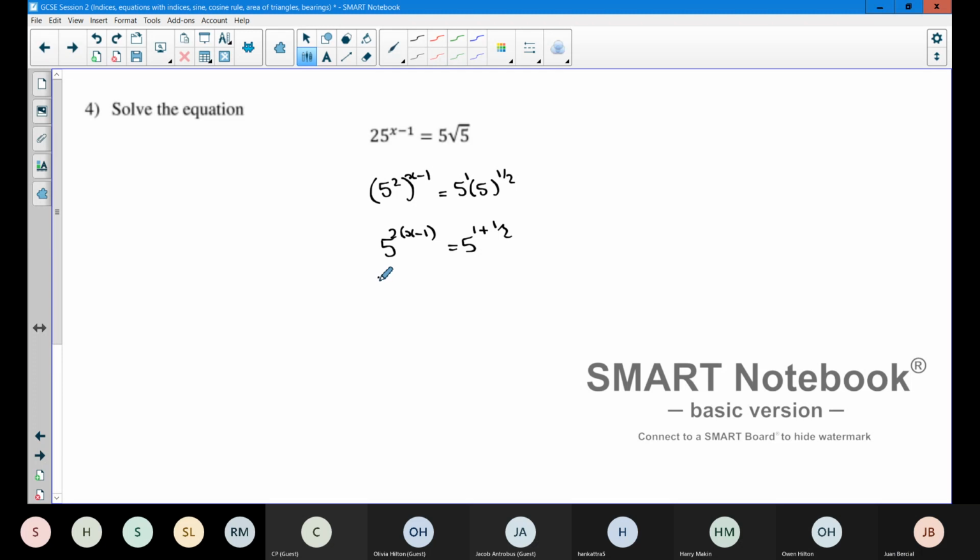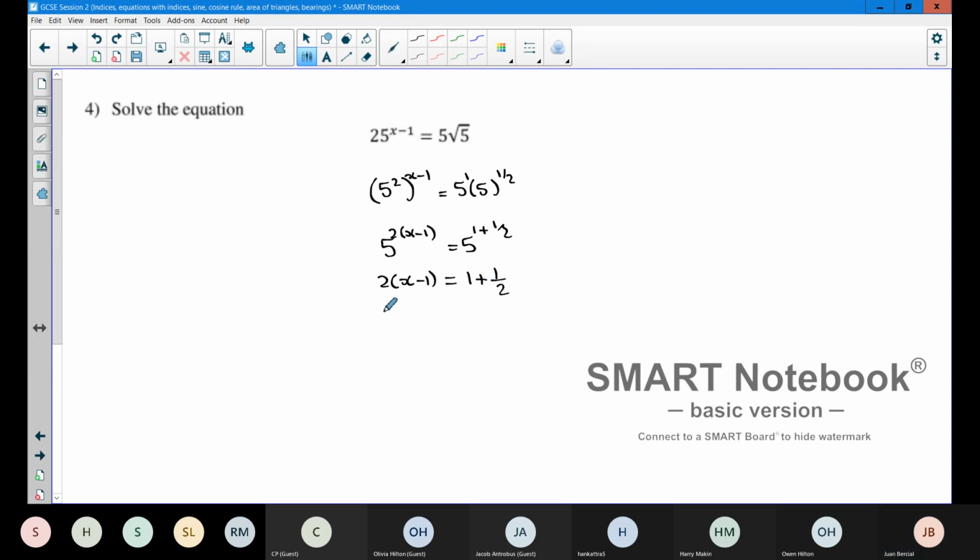So we've got the exponent 2x minus 1 is equal to 1.5. And remember that we can write 1.5, I'll leave it indicated here, 1.5, but remember that 1 is the same as 2/2.